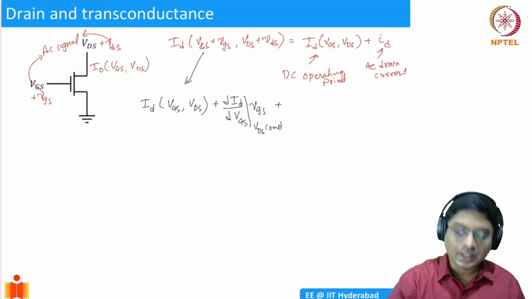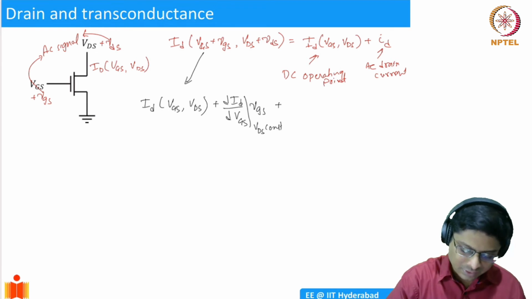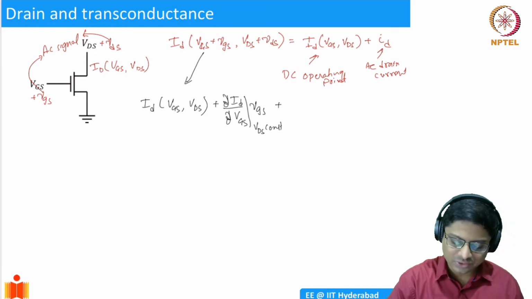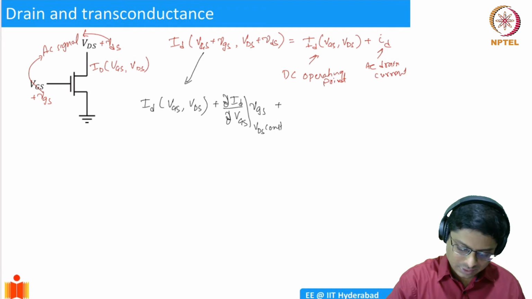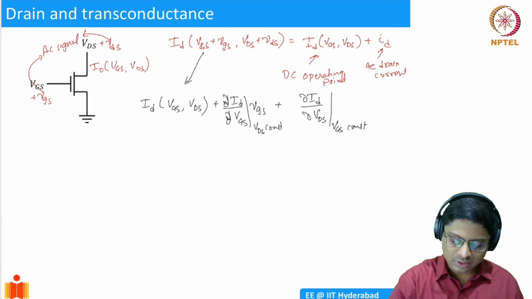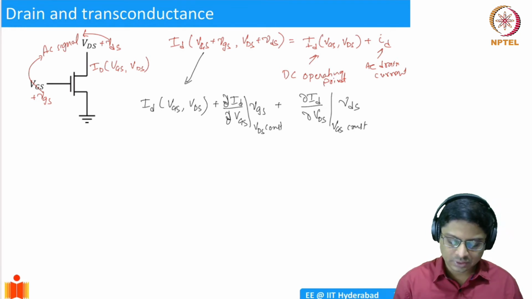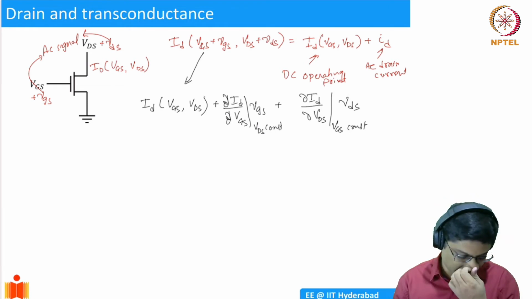Okay, and then I can write out another partial derivative. Well, since I'm taking it as constant, there's no big difference. So partial derivative of ID with respect to VDS at VGS constant. Okay, and then there will be a small signal VDS. So this is your Taylor expansion.